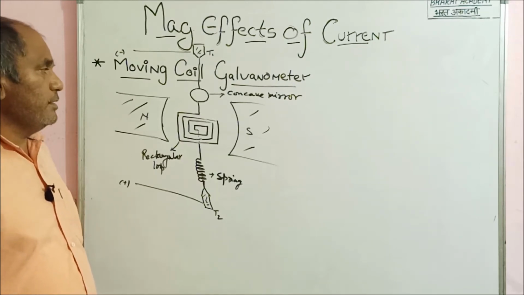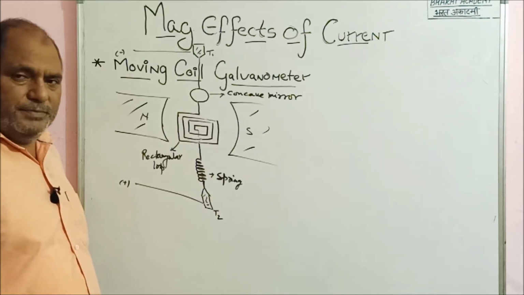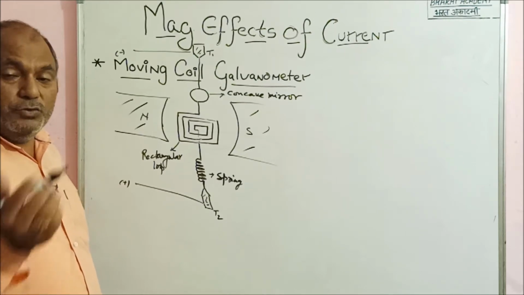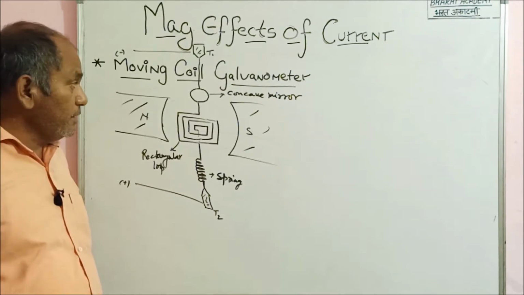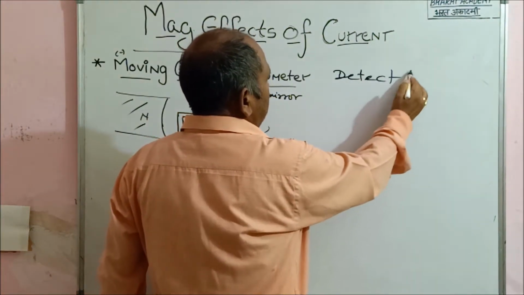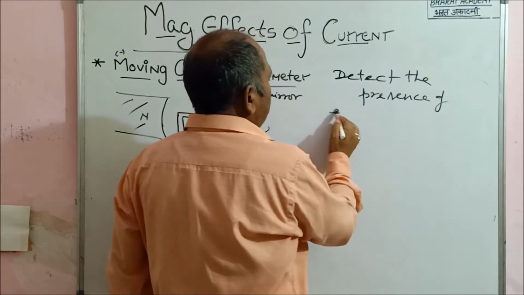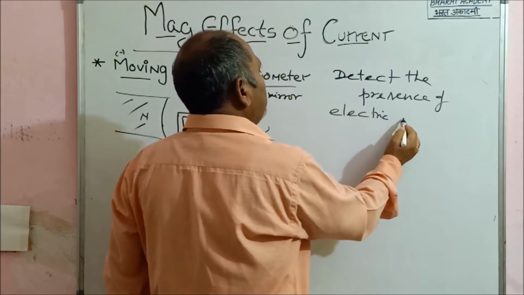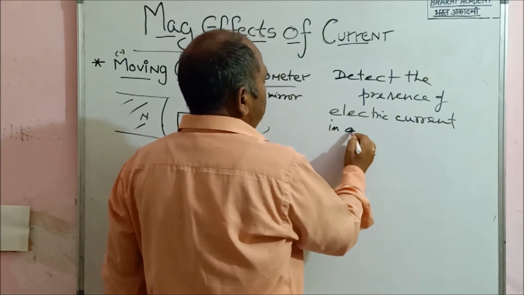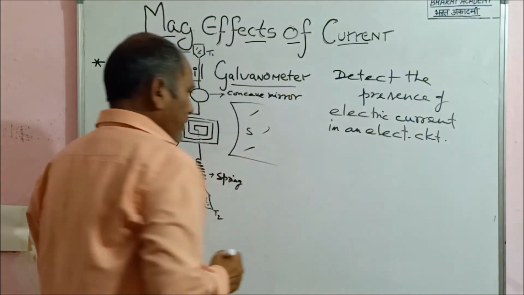It is used to detect the presence of electric current in an electric circuit, just like we use in the case of a potentiometer or meter-based galvanometer.